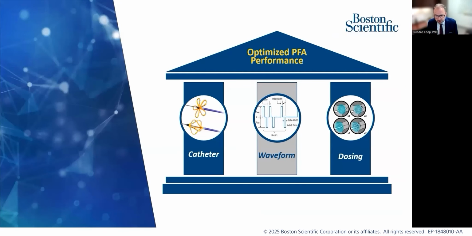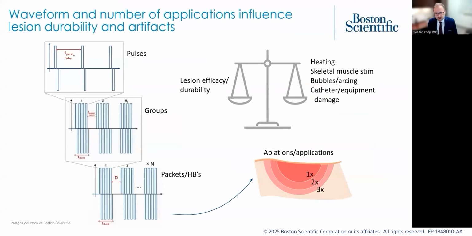So with all that, I'm going to briefly comment on waveform, and then I'm going to hand it over to Dr. Carruth. The waveform is really not well understood outside of industry for very good reasons. Obviously, most waveforms are not publicly disclosed, but one of the things to keep in mind is that very short pulses and proper spacing and grouping of pulses are what gets us out of a lot of the artifacts we're trying to avoid.